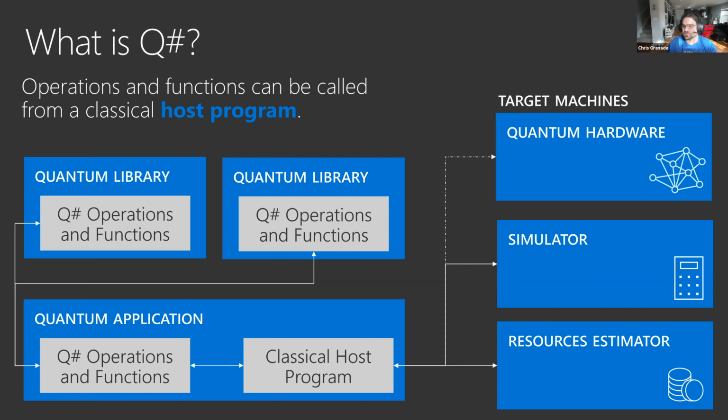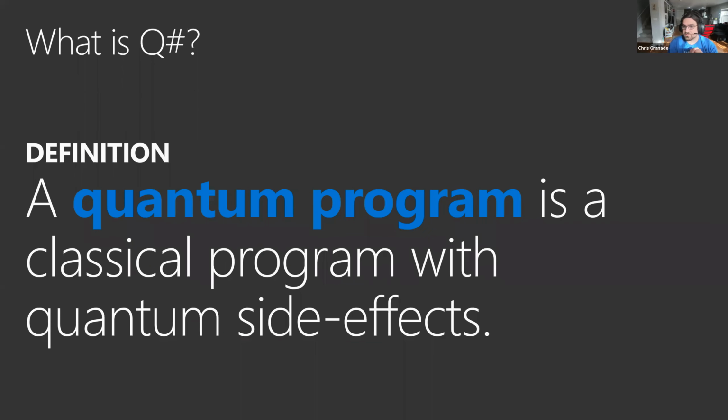I can use different libraries as a part of that, but really it's this idea that I'm taking part of my workflow that works best on the quantum computer, and I'm running it there using Q#. When I do that, I'd like to think of that quantum program as really being a classical program, a special case of a classical program that has the side effect of sending instructions to a quantum device.